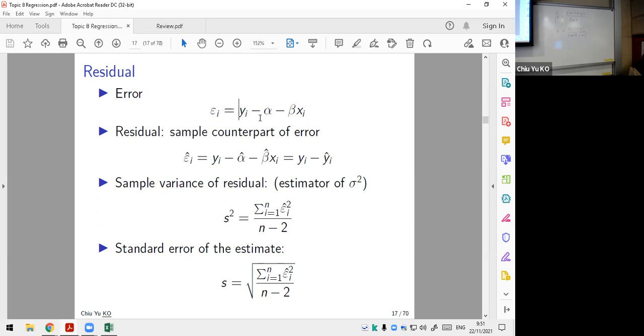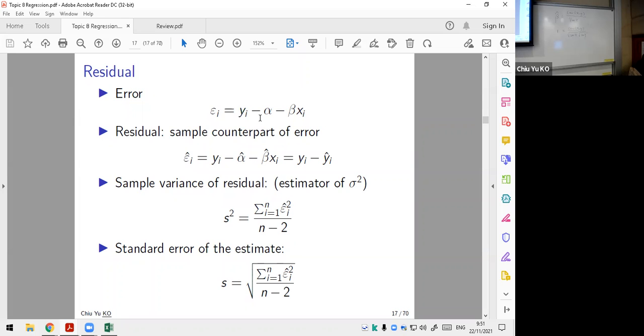So we use this to estimate it as a sample variance. The sample variance is measured by this minus the mean.